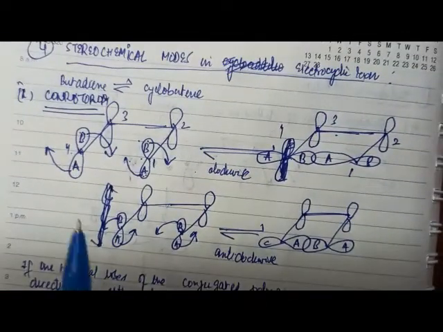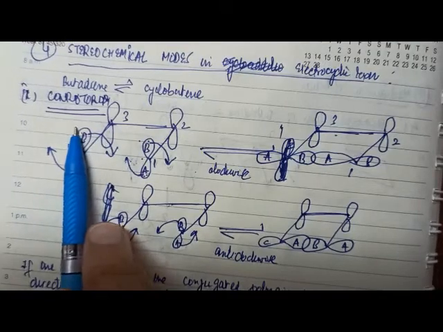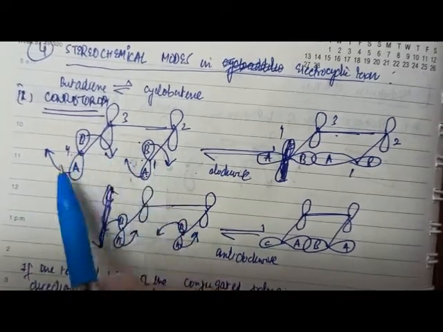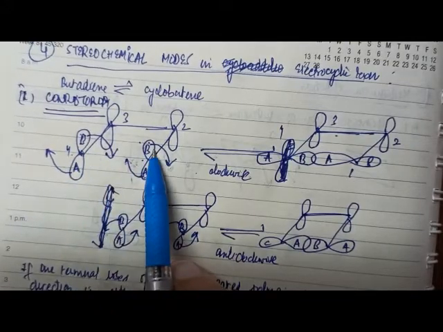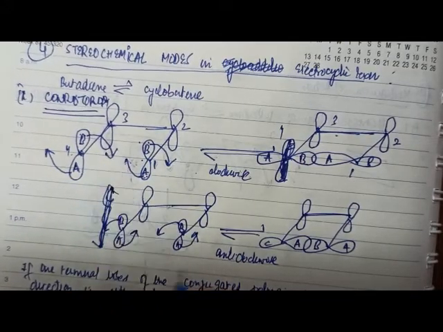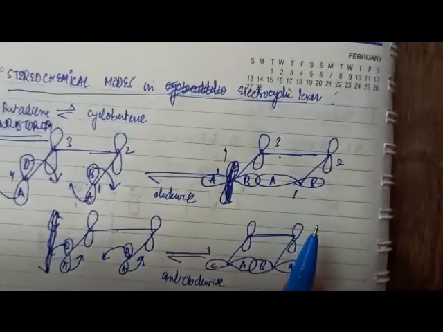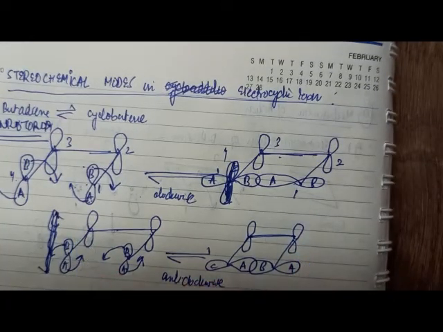Now let's repeat what we have done. We have talked about two stereochemical modes. The first mode was the conrotatory ring opening or closure. In this conrotatory ring closure, to start with, both the terminal lobes move in the same direction. Either both lobes are moving in a clockwise direction or both lobes are moving in an anti-clockwise direction. If I have to talk about the ring opening, that means from here to here, what will happen?